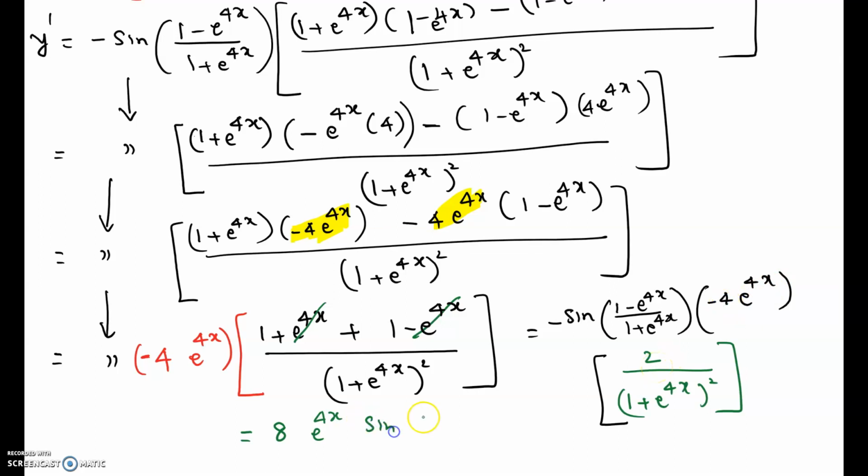Then sine of (1 minus e to the 4x) over (1 plus e to the 4x), times 2 divided by (1 plus e to the 4x). The 2 is also not there, I have taken that into account. So it is 1 over (1 plus e to the 4x) the whole squared.